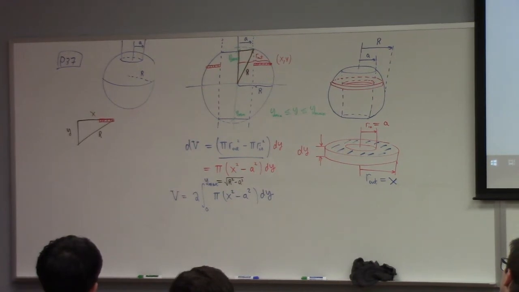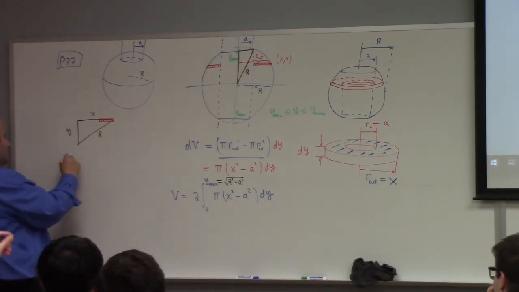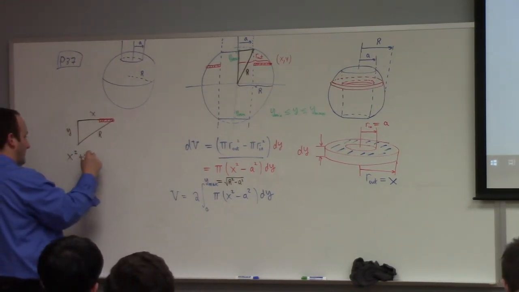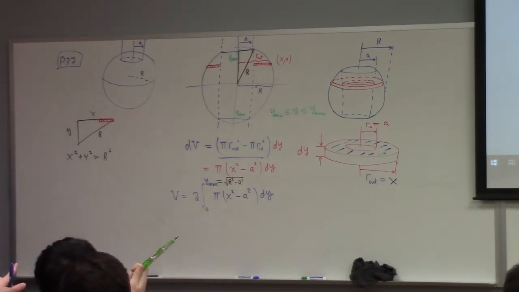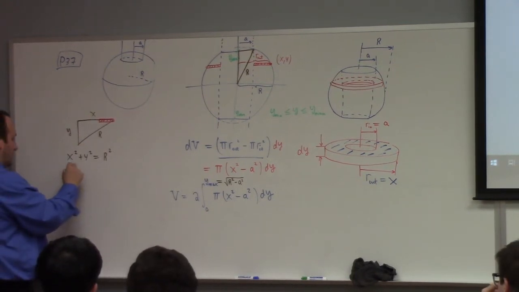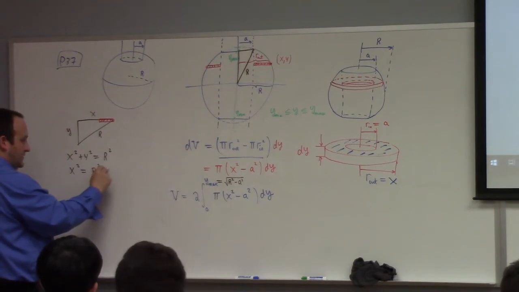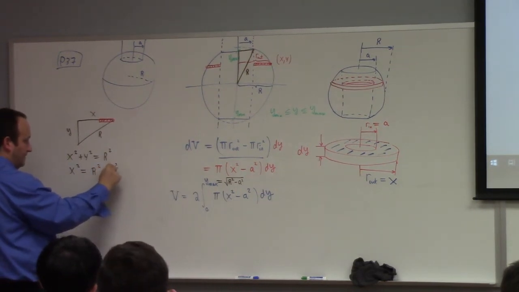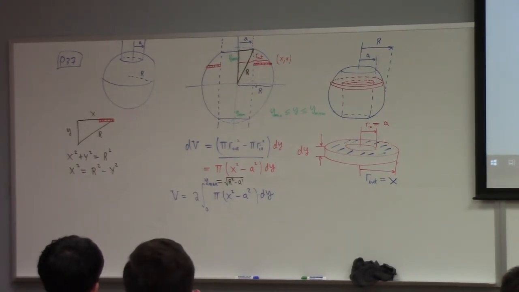So what do we have? X squared plus y squared equal to? Right. So what's x squared equal to? R squared minus y squared. Now that is an honest-to-goodness function of y.